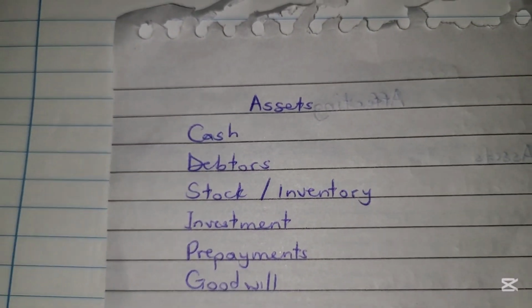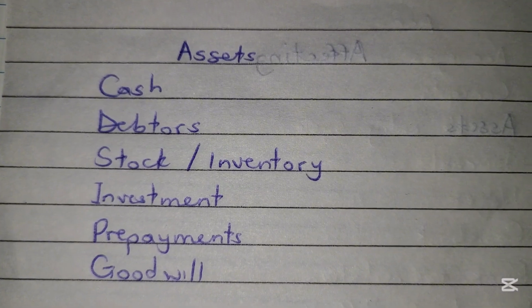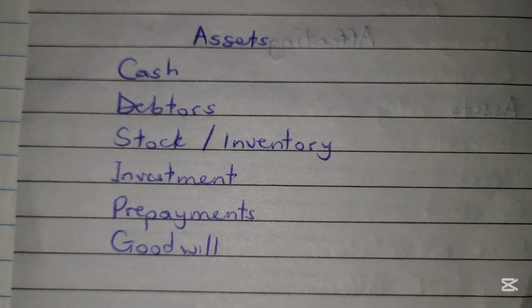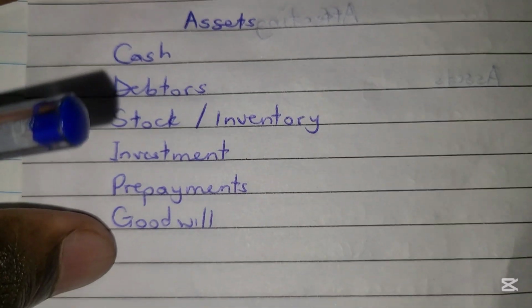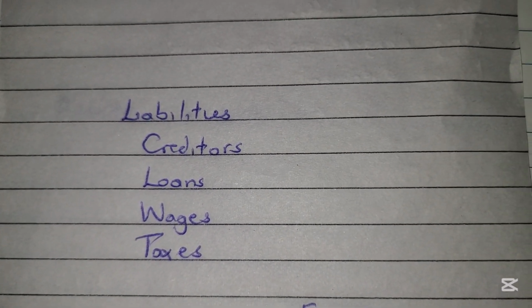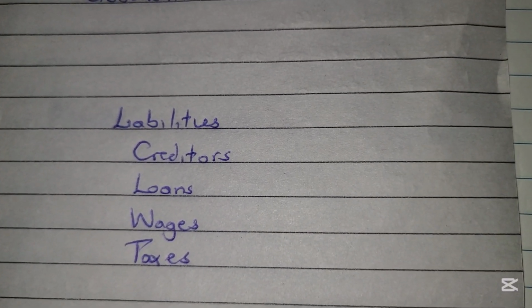First and foremost, the assets are cash, debtors, stock or inventory, investments, prepayments, and goodwill. For the liabilities, we have creditors, the people who demand us, loans, wages, and taxes.